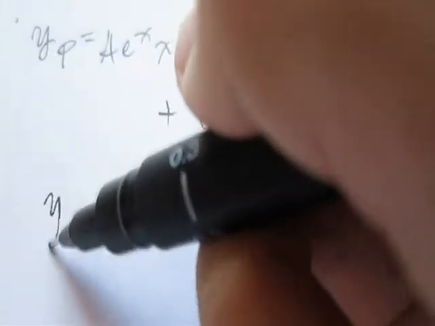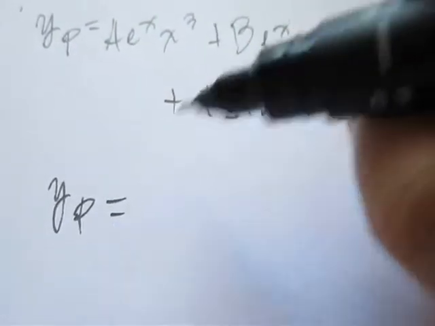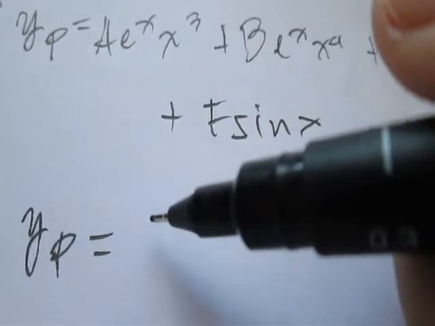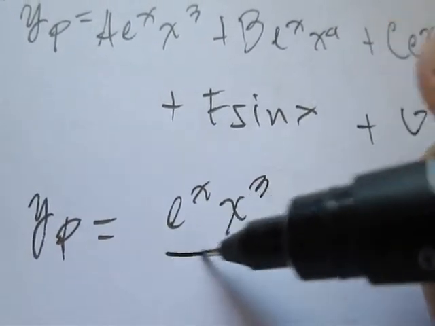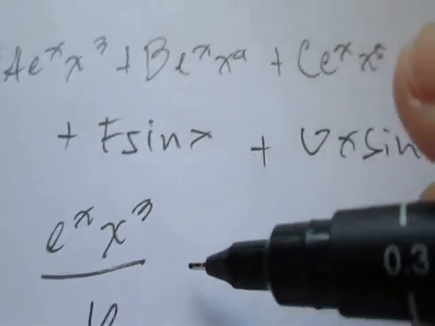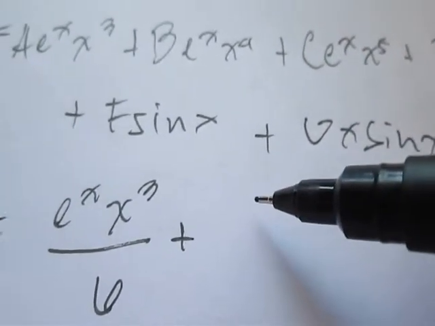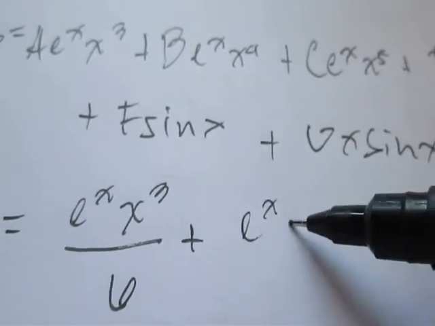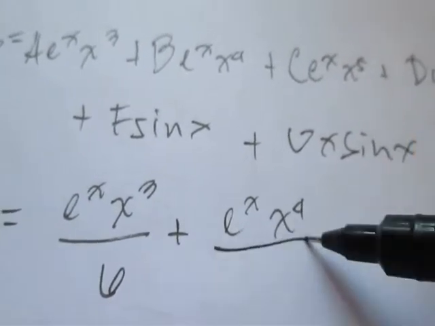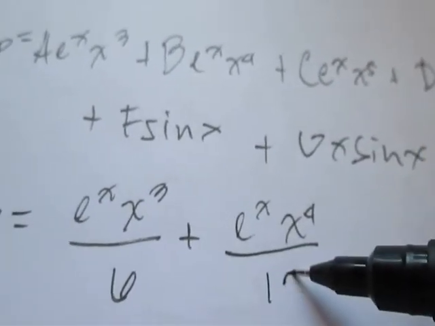So we have yp equals, our a is 1/6, so we have e to the power of x cubed over 6 plus our b which is 1/12, so we have e to the power of x to the 4th over 12.